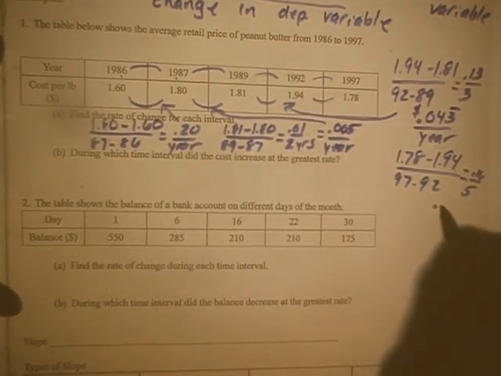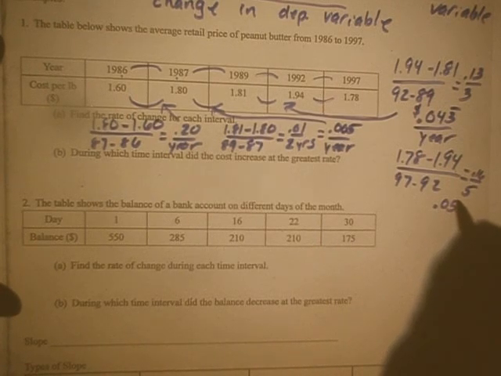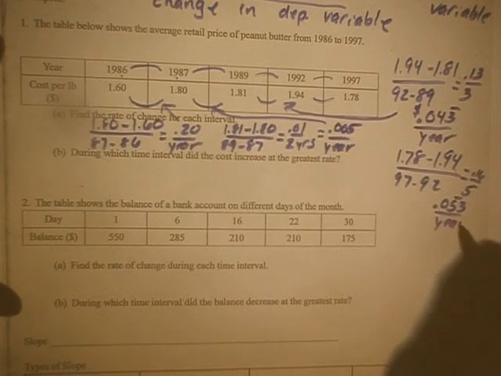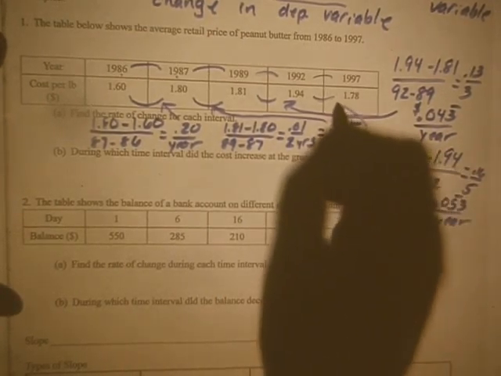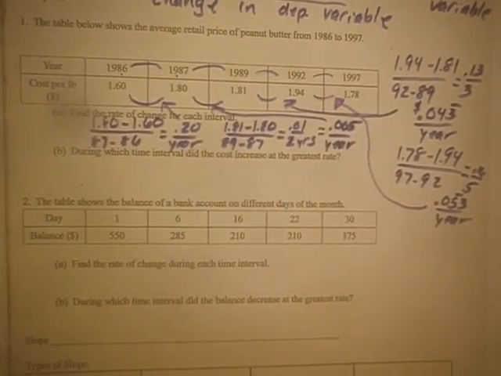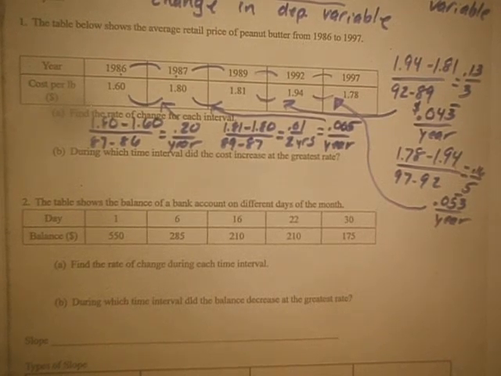If you divide that, that is roughly negative 3 1/3 cents per year, and that is our fourth interval. Like I said, there's going to be about 4 questions in each one of those.